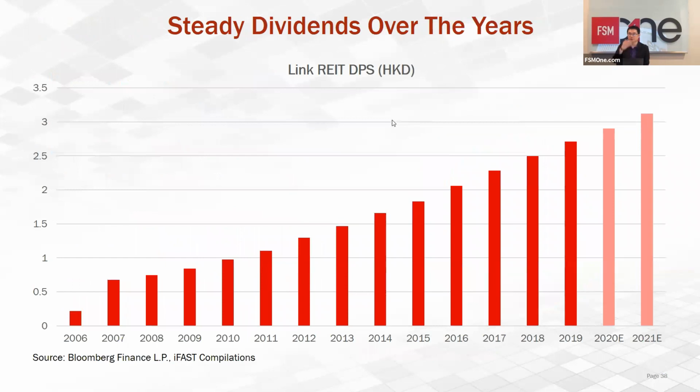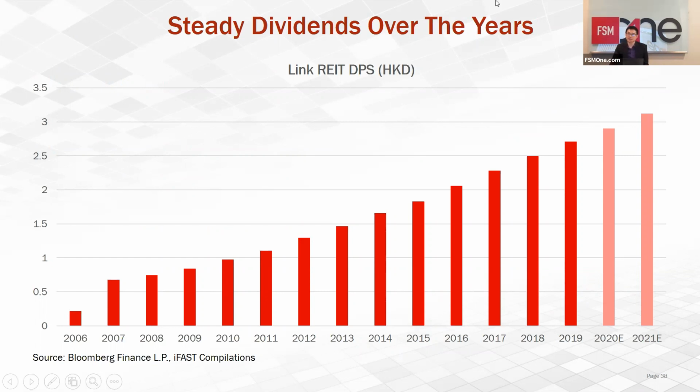And you can see also from its dividend payouts. This is a chart showing the distribution per share of Link REIT. You can see that over the years, if you're looking out for a REIT that is paying out steady dividends, I think Link REIT fits the bill. And you can see also in 2008 and 2009, during the global financial crisis, its distribution per share inched up slightly.